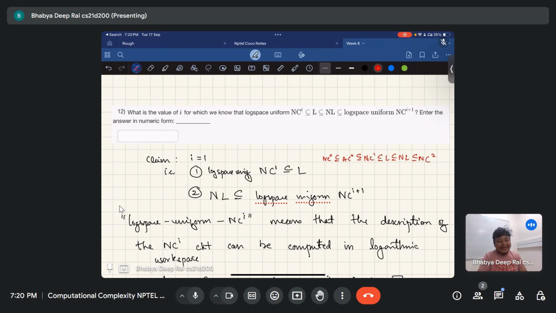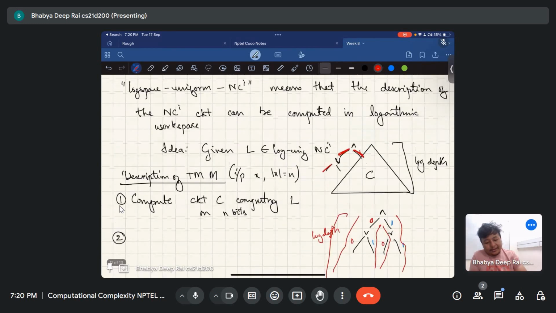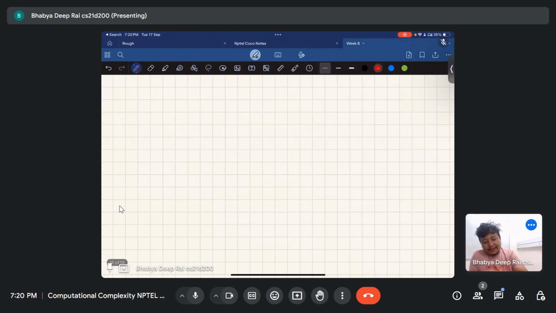Now, question is, why is NL contained in NC2? We already know that NL contains L. Why is NL contained in log space uniform NC^(i+1)?